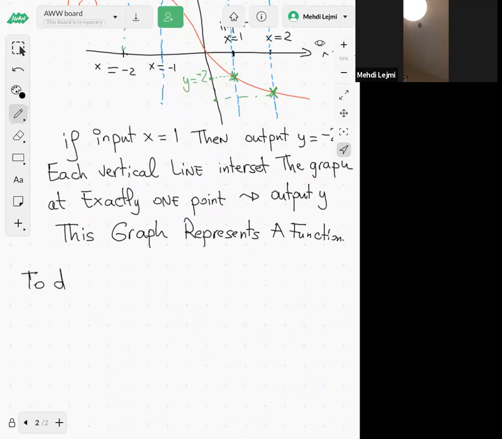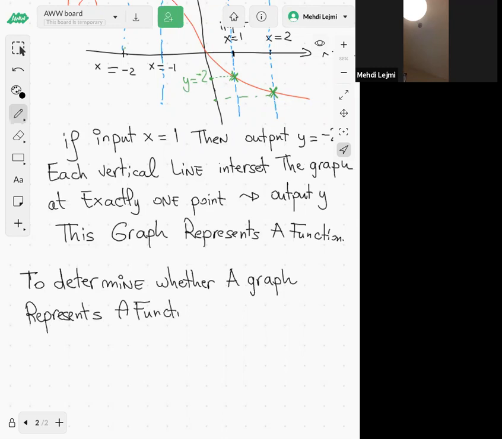To determine whether a graph represents a function, we use the vertical line test.